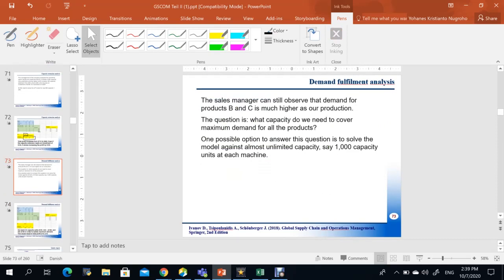Now the next problem saying that the sales manager can still observe that demand for product B and C is much higher as our production. The question is that what capacity do we need to cover maximum demand for all the products? So one possible option to answer this question is to solve the model against almost unlimited capacity, say 1000 units at each machine.